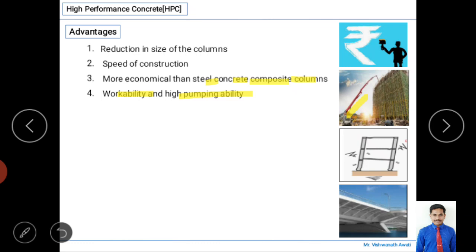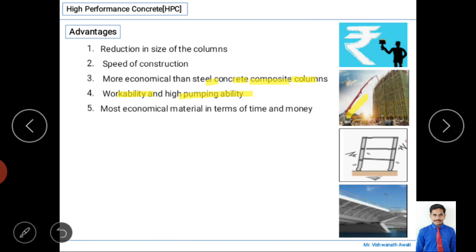Maybe it is RMC concrete, and from that there will be a separate pumping instrument. But not all concrete is good for pumping. High performance concrete has a good ability of pumping up to 50 floors, and even more than 50 floors.